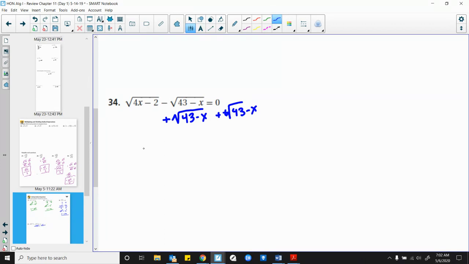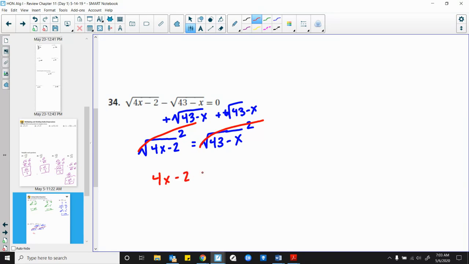So then now I'm going to be left with radical 4x minus 2 is equal to radical 43 minus x. I'm going to square both sides. That's going to cancel here and cancel here. And I'll be left with just 4x minus 2 is equal to 43 minus x.